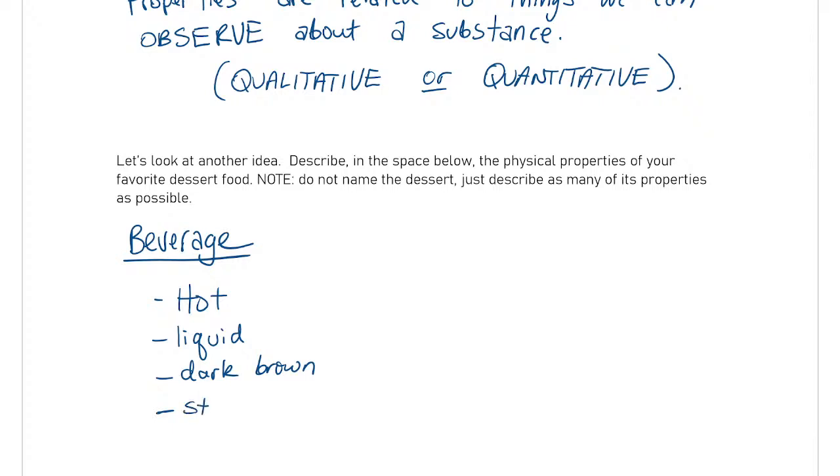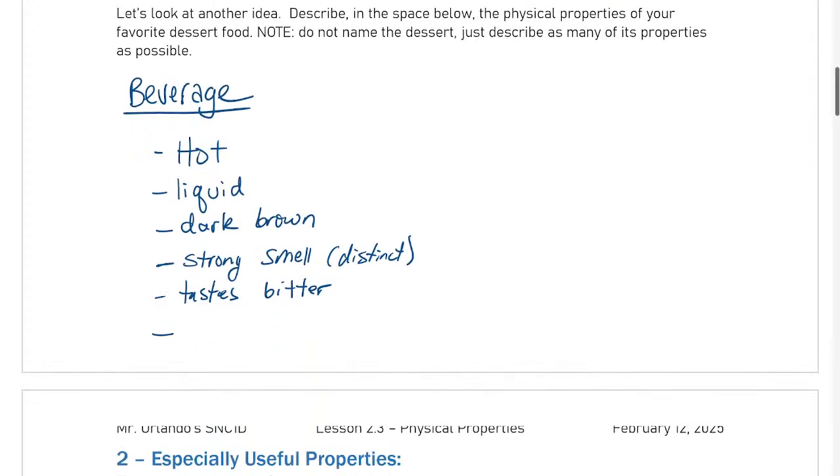It has a strong and distinct smell. It tastes bitter. And probably if I gave you those descriptions, you could tell me that I'm talking about a cup of coffee, right? Which is something that I enjoy every day.